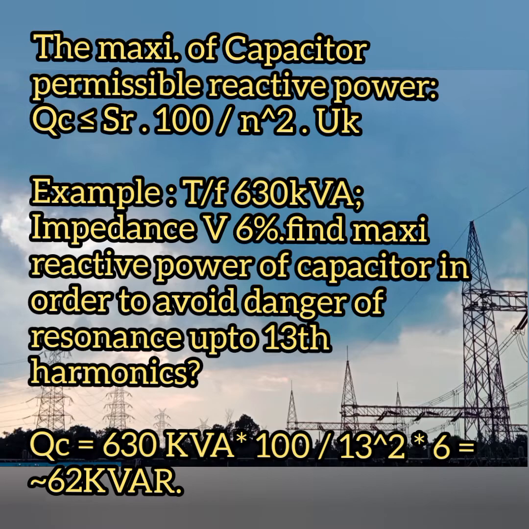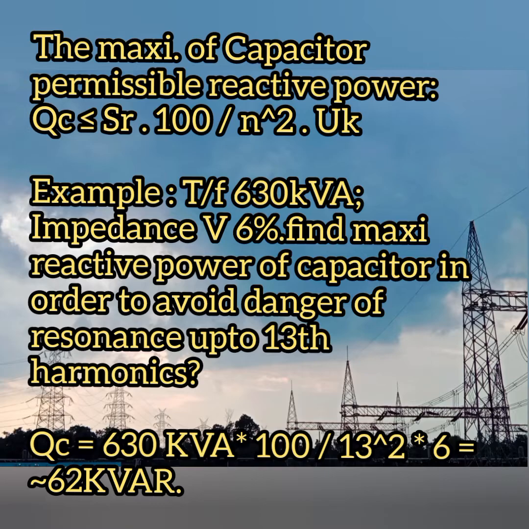Example: a transformer has a nameplate of 630 kVA and an impedance voltage of 6%. We need to find the maximum reactive power of the capacitor in order to avoid the danger of resonance up to the 13th harmonic. As you know, the formula is the total kVA into 100 divided by the nth harmonic squared into the impedance voltage.